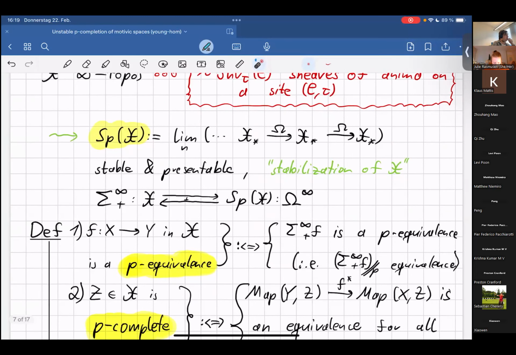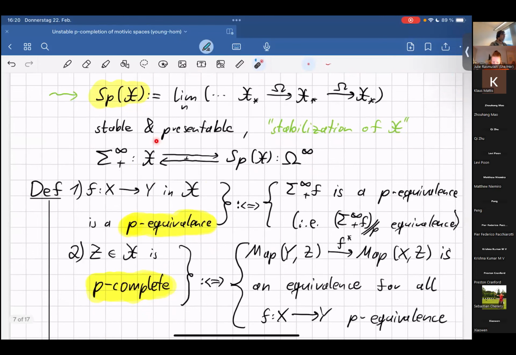And in particular, there's an adjunction here given by the right adjoint, which is called the infinite loop space of some spectrum object here. This is just given by going to the last component of this limit. And this has a left adjoint called the suspension spectrum of a sheaf X. Okay. And now we can use this adjunction to define what a p equivalence in X is.